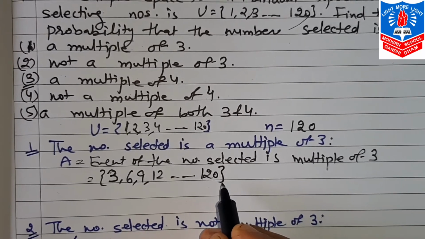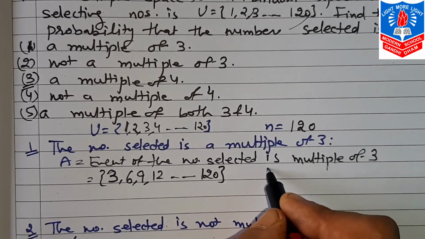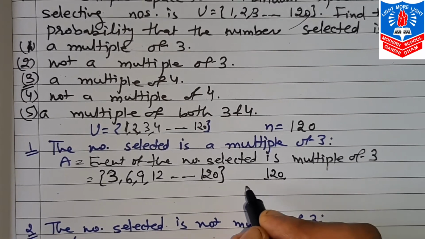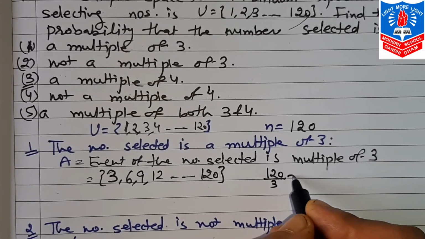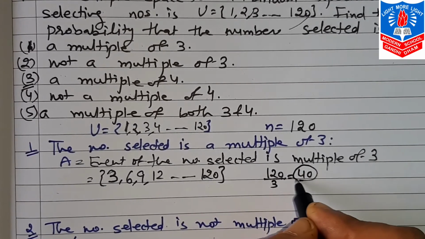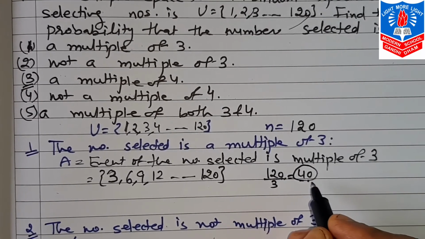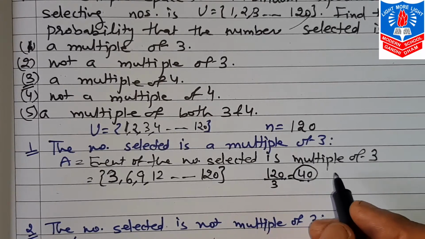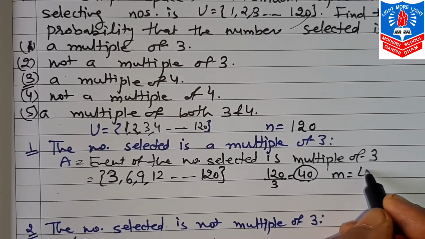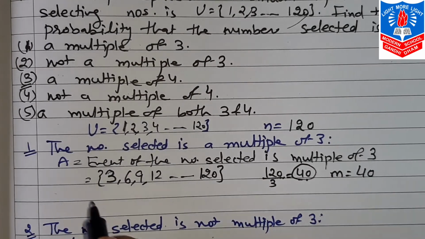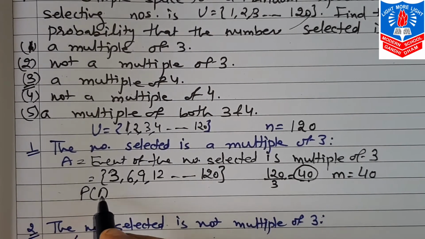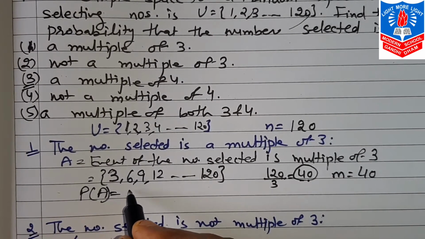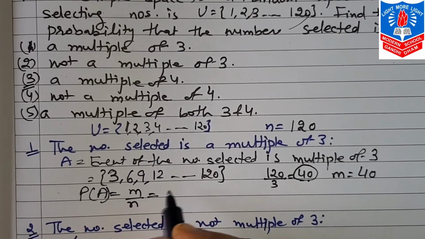But how many of these numbers will there be? For that, the simple way is to divide the total number 120 by 3, which gives 40. We are not supposed to show these calculations, this is just for your knowledge. Total sample points will be 40, so m will be 40. We know very well the formula for finding probability, that is m upon n.